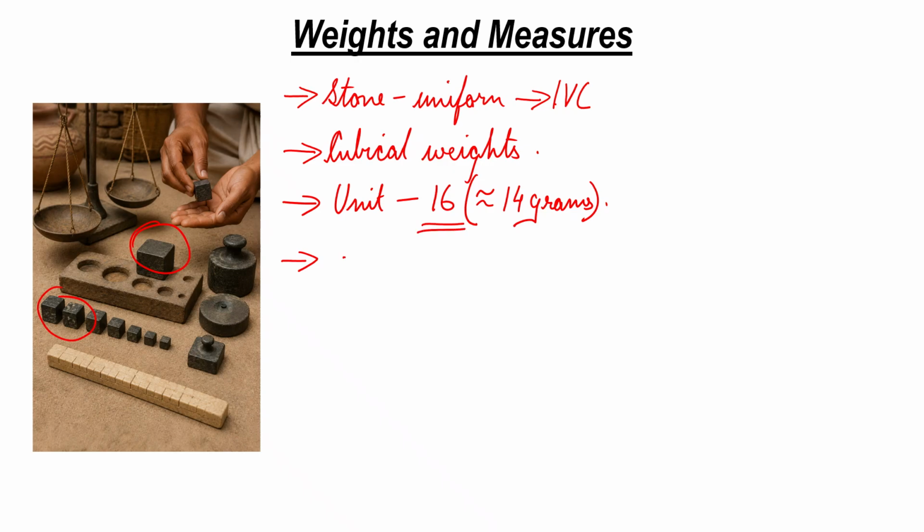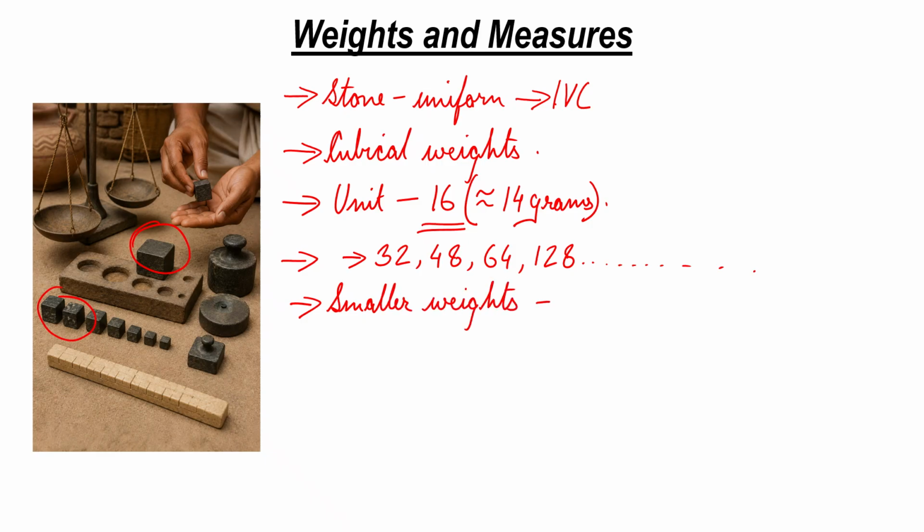So how did the units proceed? It proceeded from 32, then plus 16, 48, then again plus 16, 64, then 128. There were units like this. Okay, and smaller weights were in the fractions of 16.